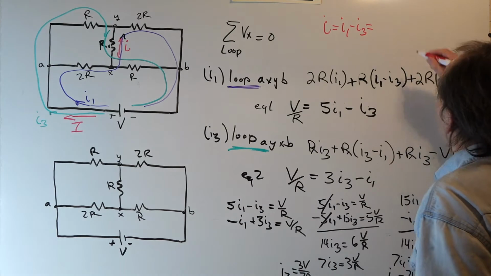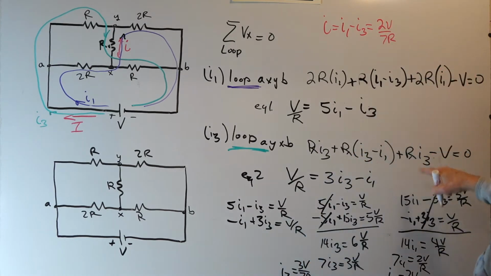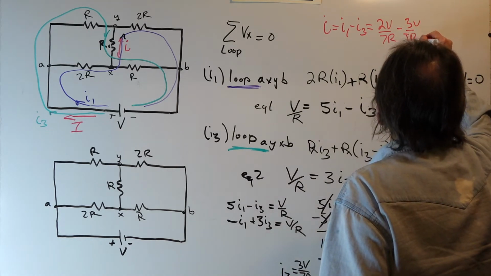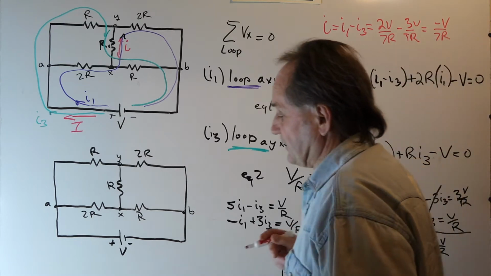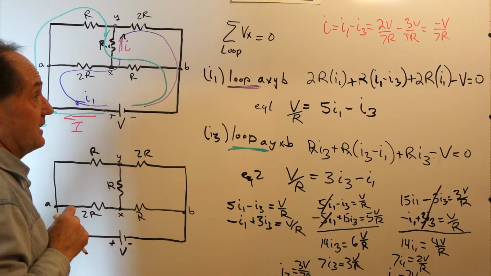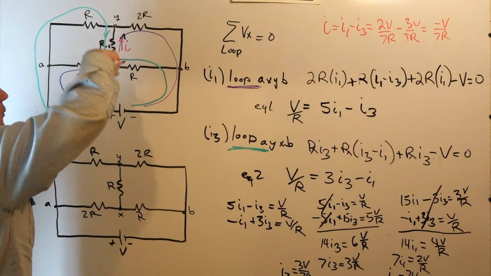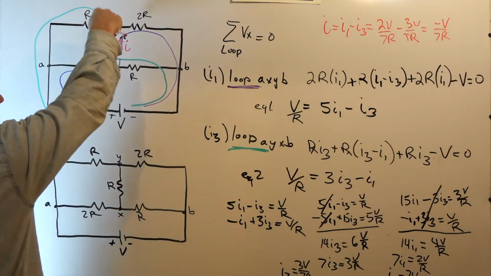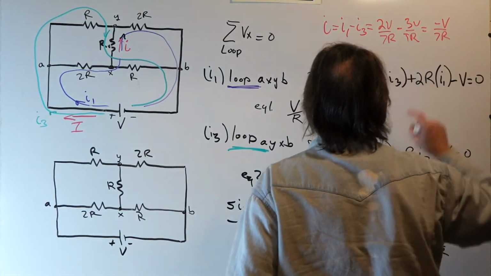Well, our I1 is 2V over 7R, and our I3 is 3V over 7R. And so we end up with a minus V over 7R, which tells us the current is actually in the opposite direction of what we chose. I chose it to be positive upward, but it actually comes out negative, which tells us it's going downward. It's actually the current of I3 minus I1 in the positive direction. So the magnitude of I is V over 7R.